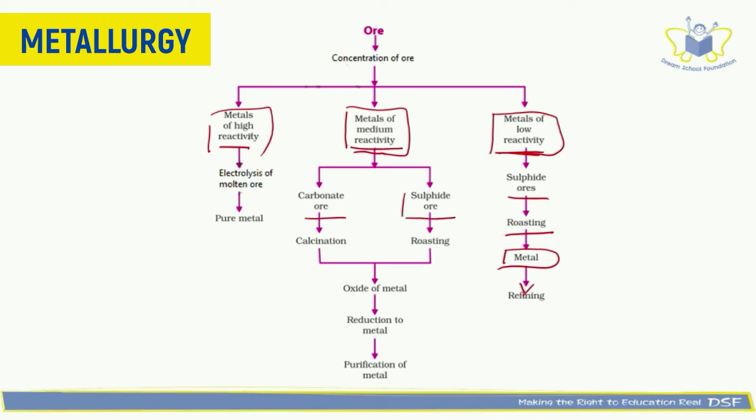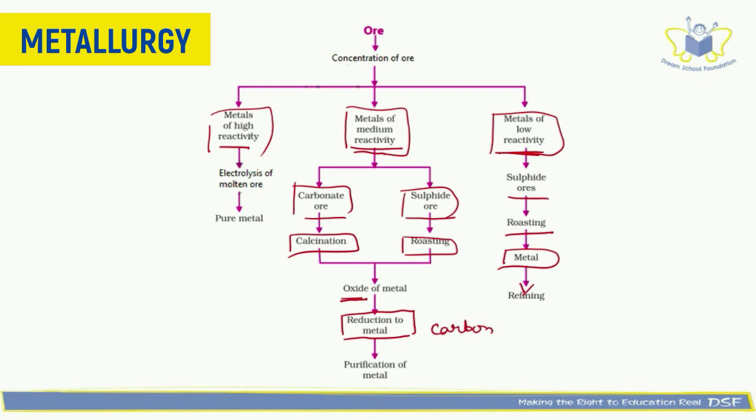If it is sulfide ore, we use roasting or heating in the presence of air to obtain oxide. If it is a carbonate ore, we use calcination, which is nothing but heating in limited supply of air to obtain again oxides of metals, which can be reduced using elements like carbon.